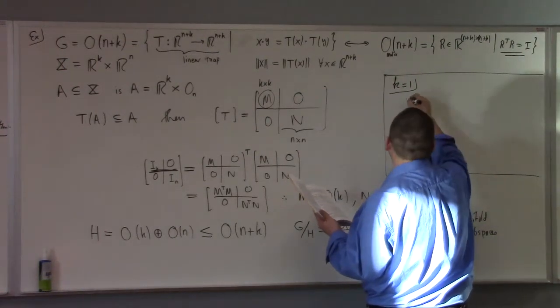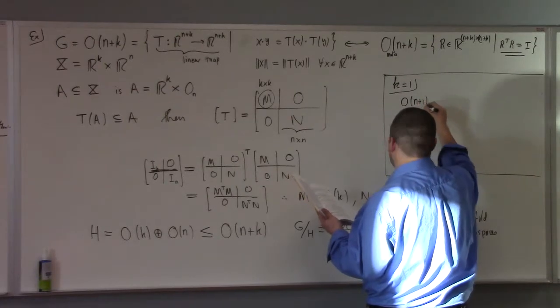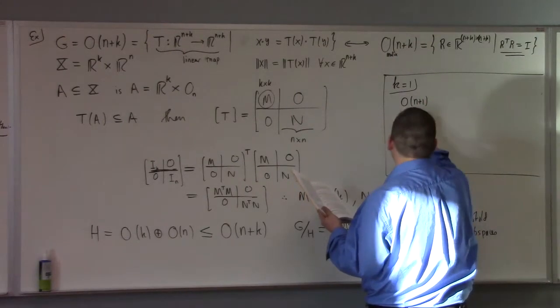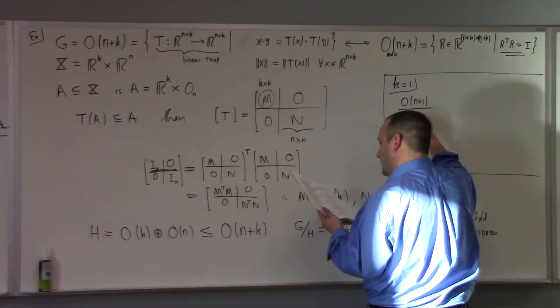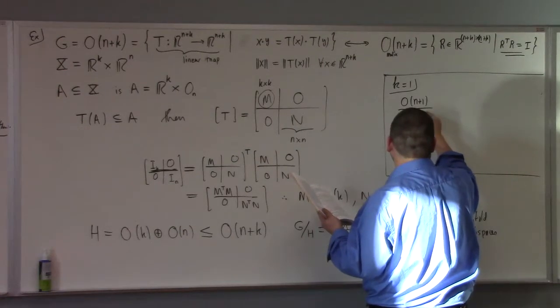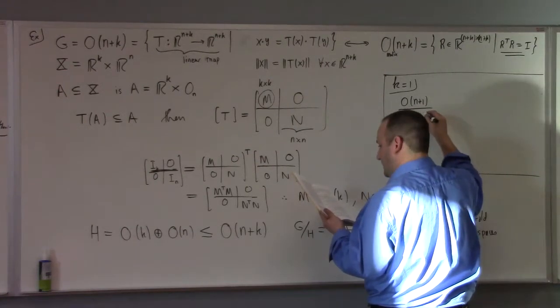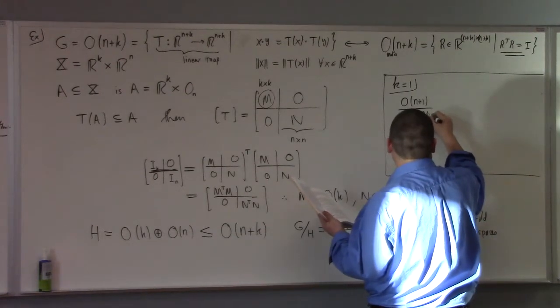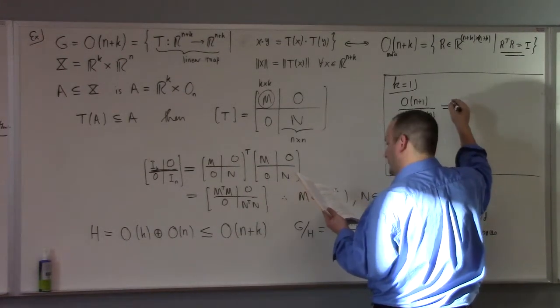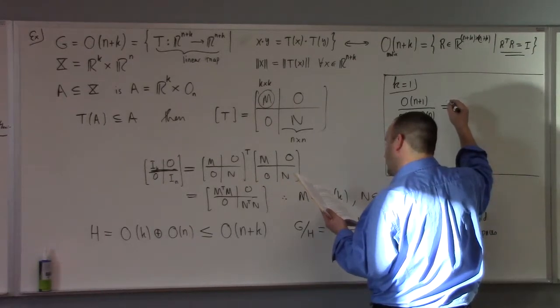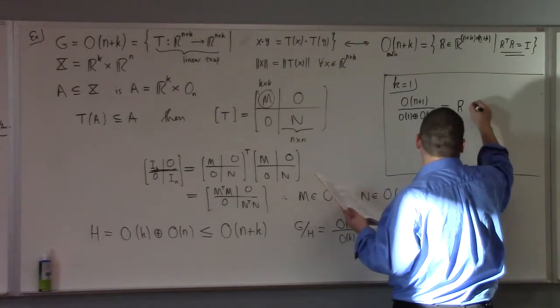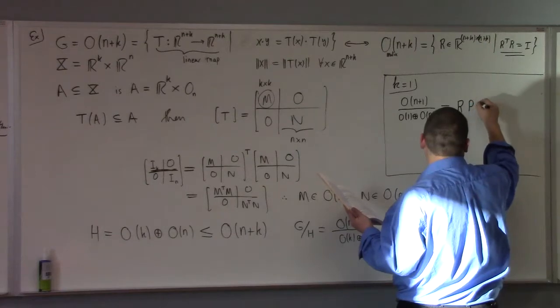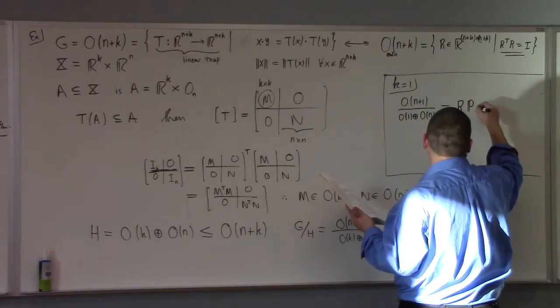we look at O_(n+1) mod O_1, and I'm going to keep using plus circle if you guys don't mind. He uses cross here. O_n is the so-called RP^n.